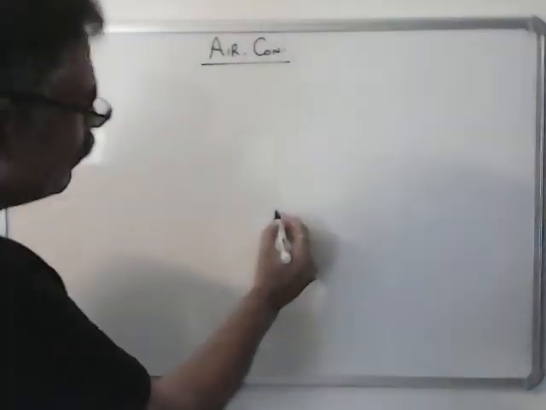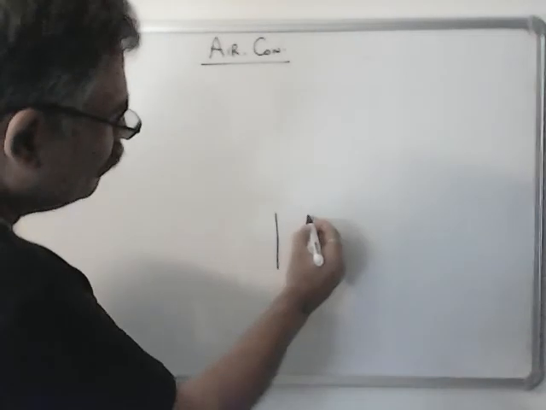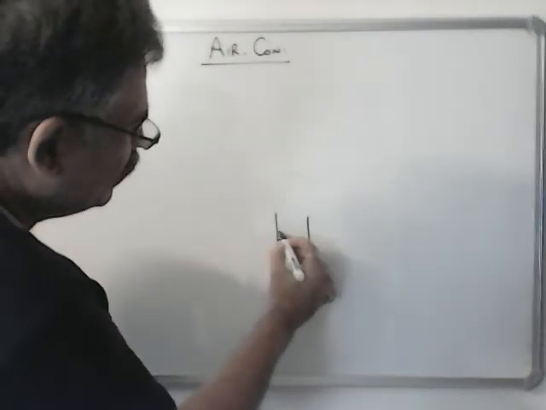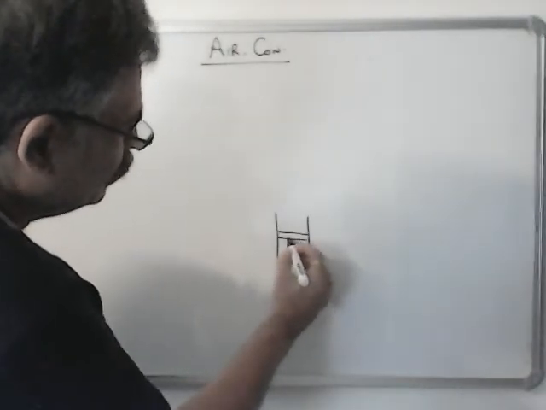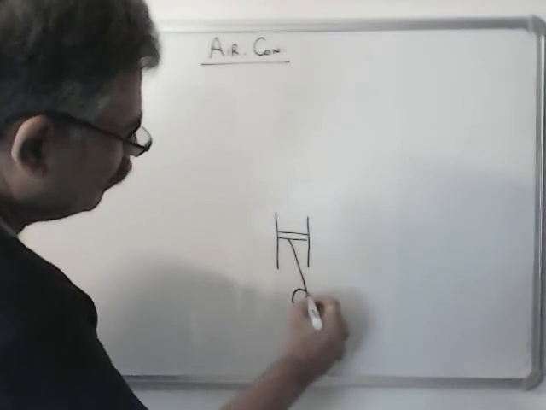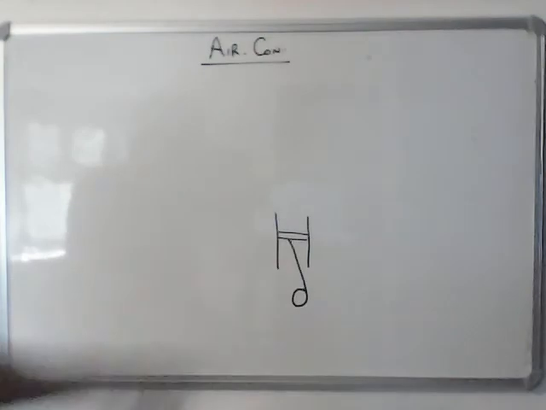There is a compressor which consists of a cylinder and a piston, connecting rod of piston and crankshaft, similar to a diesel engine.